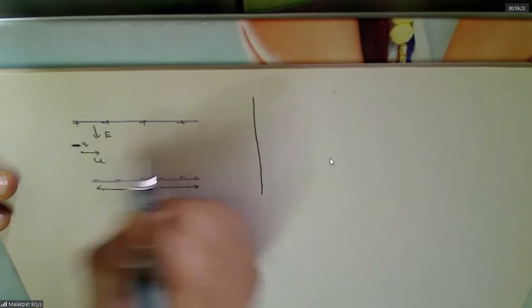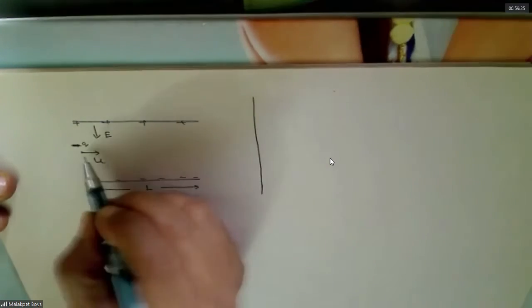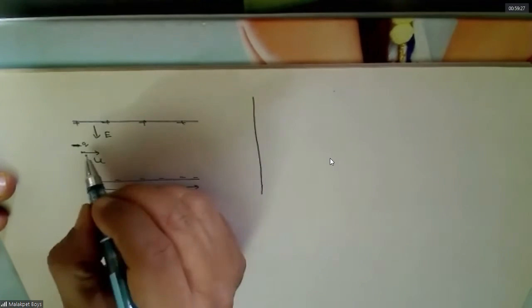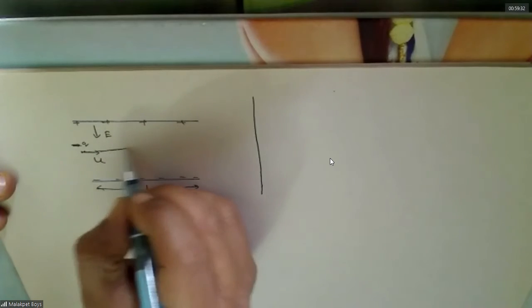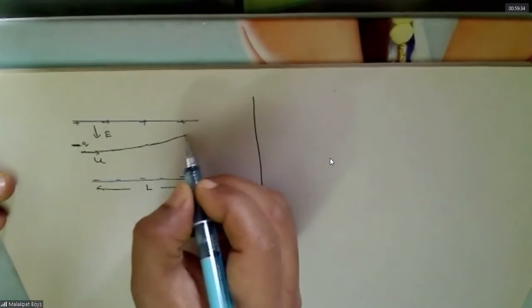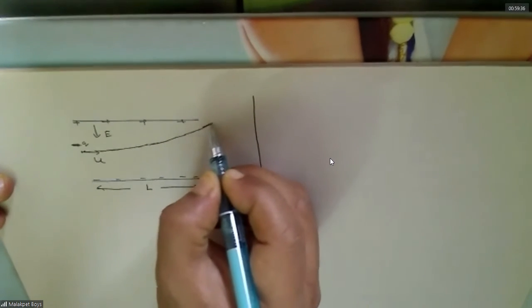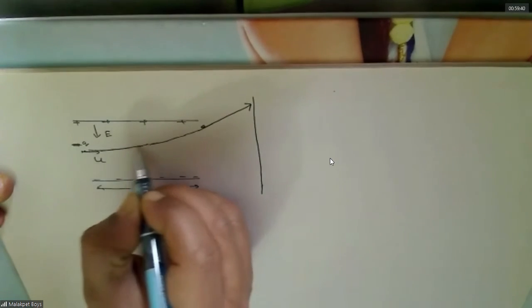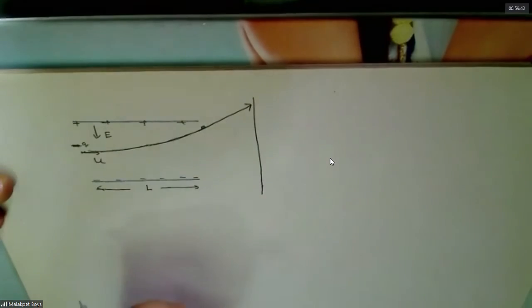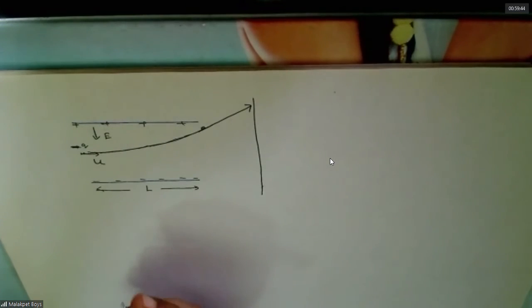So the net force will be upward now. So this is diverted like this, and somewhere it comes like this. Then after that, it follows, till here, a projectile path. Understood this? Yes, sir.